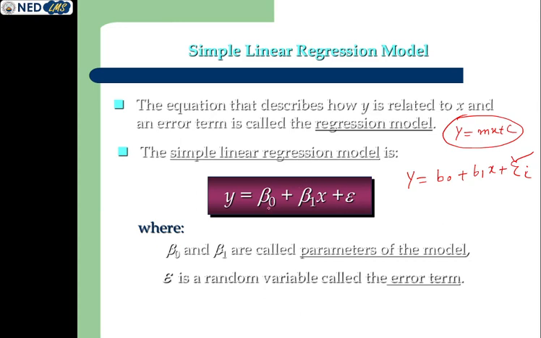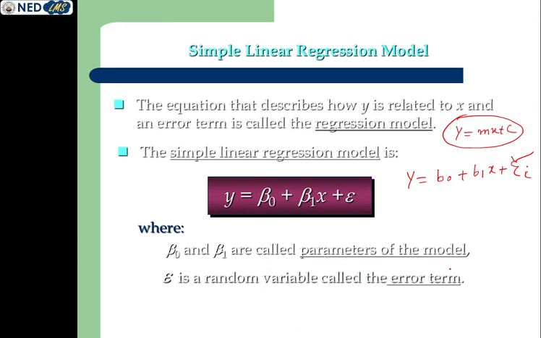Beta naught is the y-intercept, and beta 1, the coefficient of x, is the slope. This is the simple equation of a straight line. So these are the two parameters involved in the simple linear regression model.